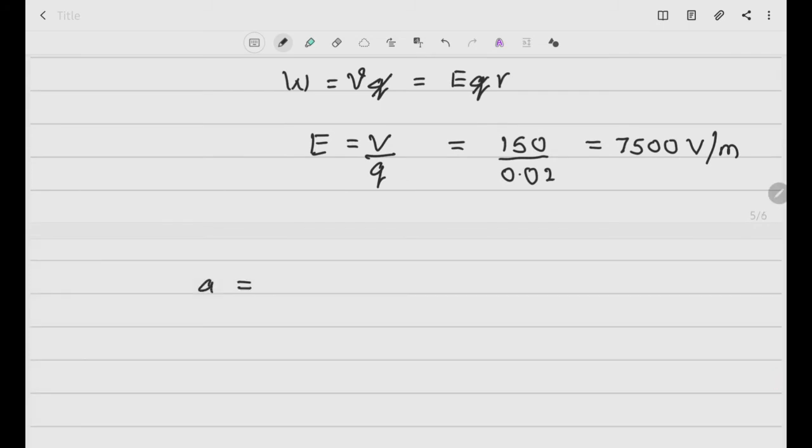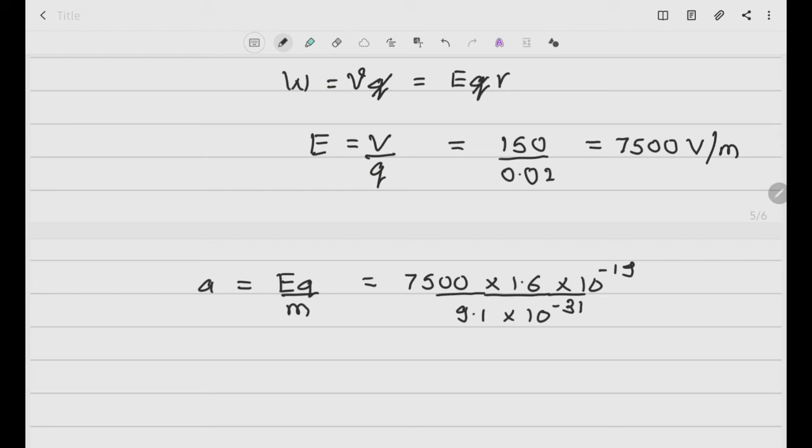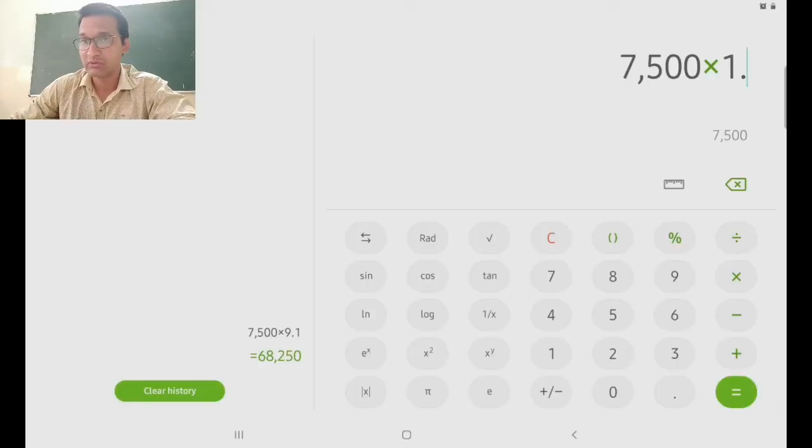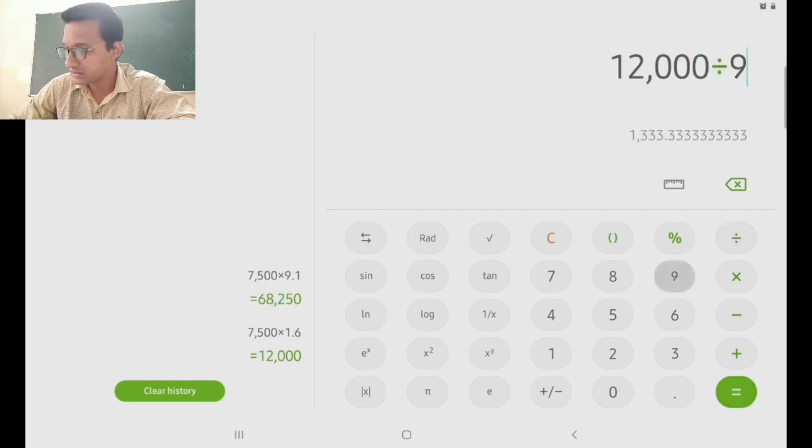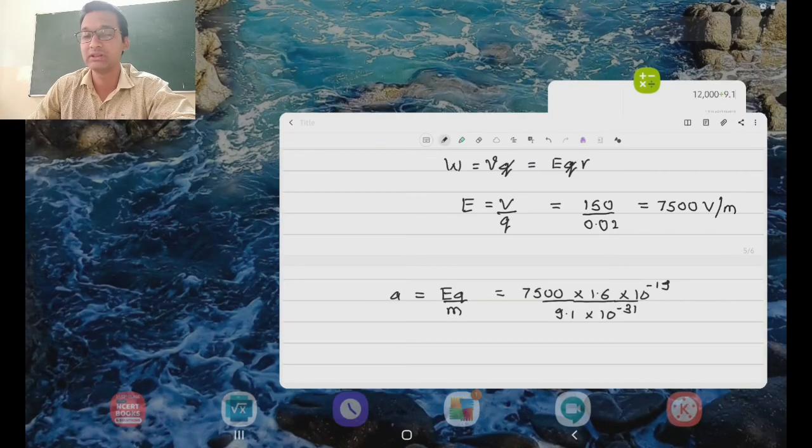Acceleration, as we know, is equal to EQ divided by m, that is mass of electron, which will be equal to E is 7500, charge of electron is 1.6 into 10 raised to minus 19 divided by mass of electron, that is 9.1 into 10 raised to minus 31. 7500 into 1.6 divided by 9.1 will get 1318.